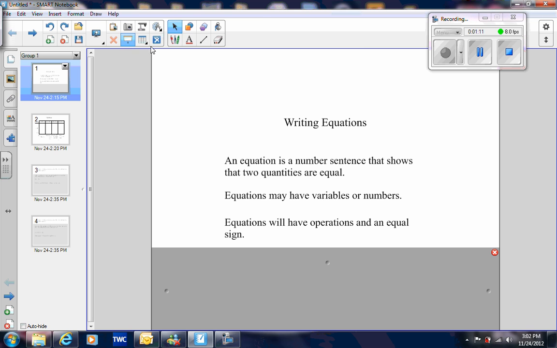You can actually see the beginning of the word equal right in here in the word equation. Different than expressions in that the expressions did not have equal signs. That's how you can tell the difference between an equation and an expression. They're very similar, but an equation will have an equal sign.